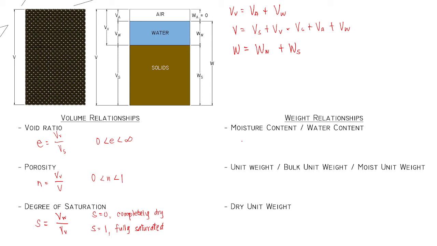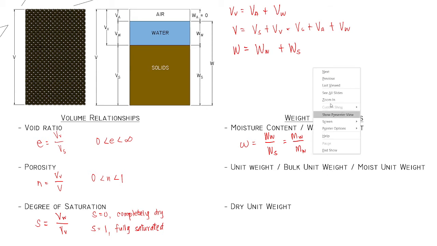This is denoted by the small letter omega, and this is equal to the weight of water all over the weight of the soil solids, or sometimes in mass also, mass of water all over the mass of solids.